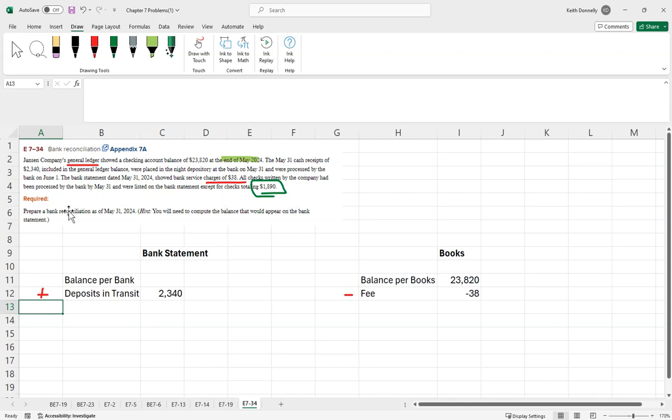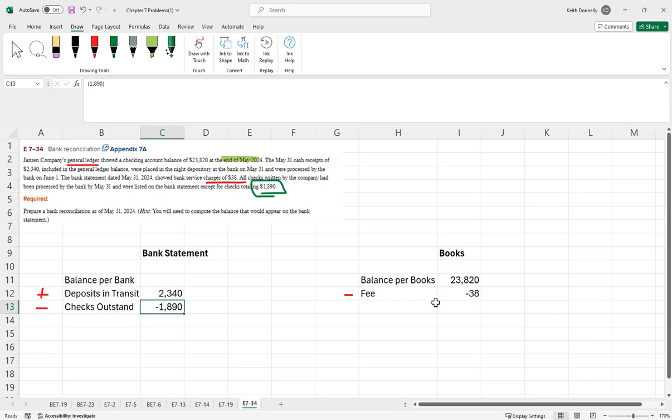Accordingly, on our books we had taken a subtraction for the $18.90, but the bank statement isn't aware of this. They didn't process it in time. We've got to get it up to where it needs to be, right? So this is checks outstanding, right? So that's going to be $18.90, right? That's all the facts they give us.